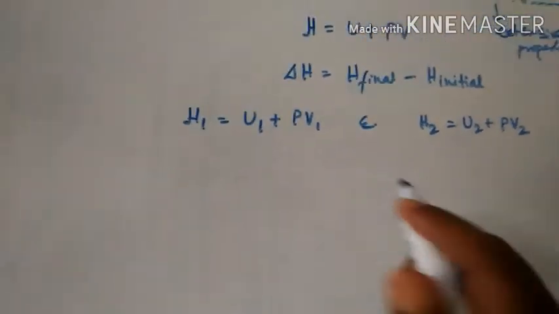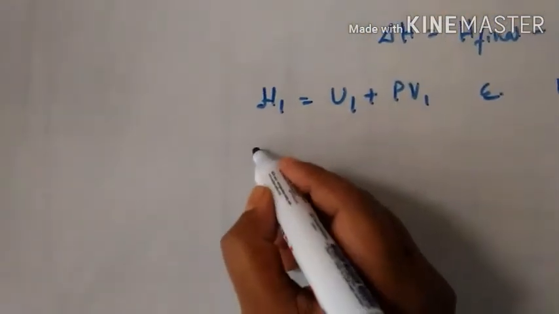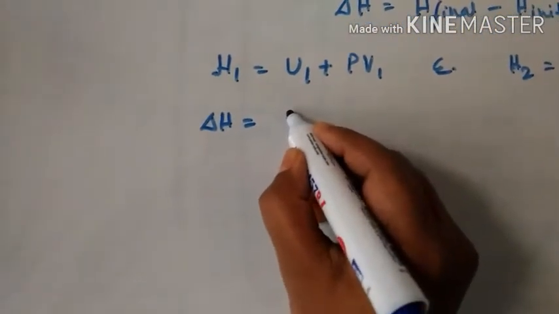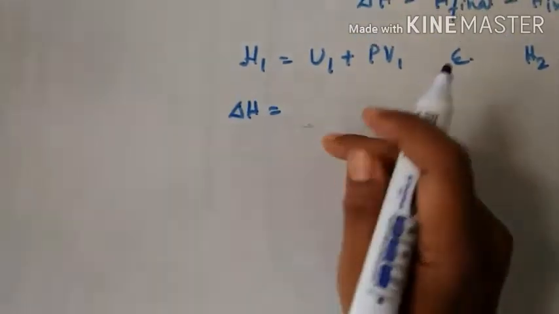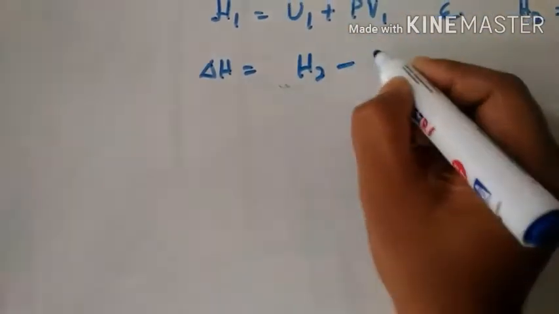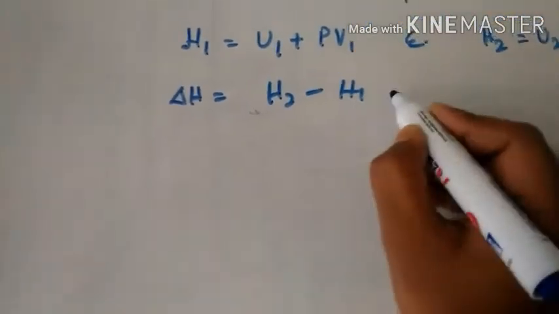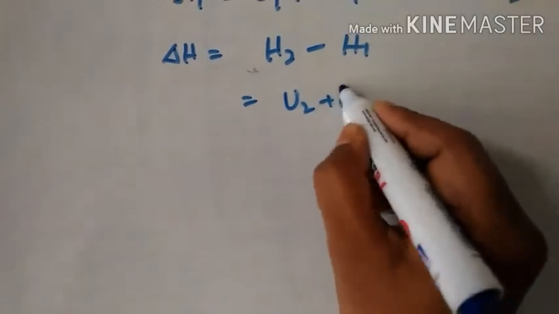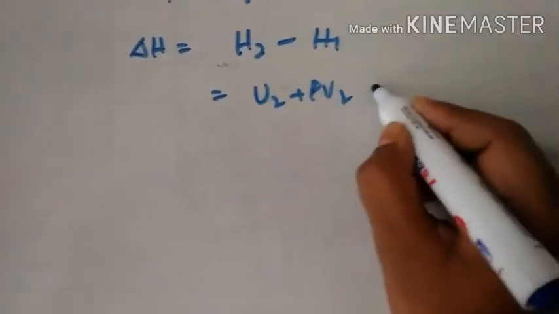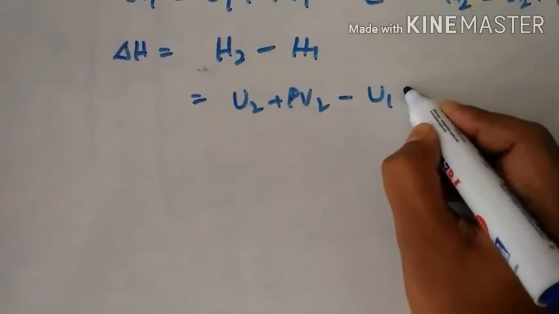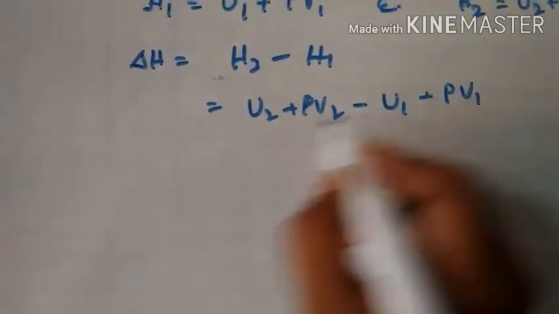If we calculate delta H, it equals H2 minus H1. Putting in the values, we get U2 plus PV2 minus U1 minus PV1.